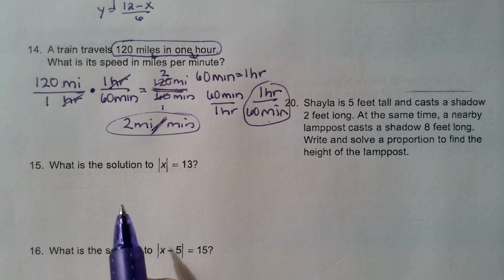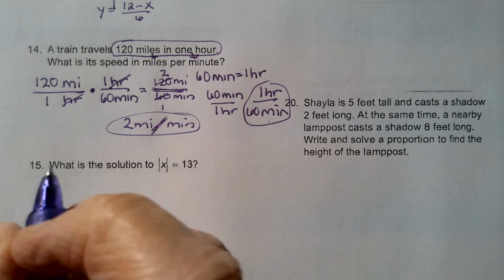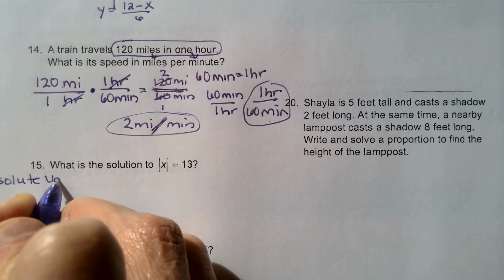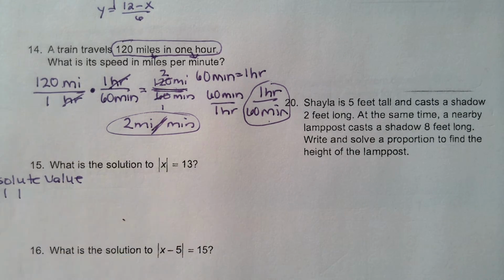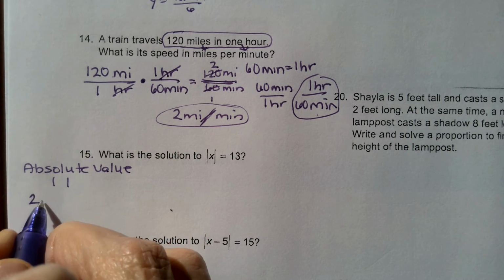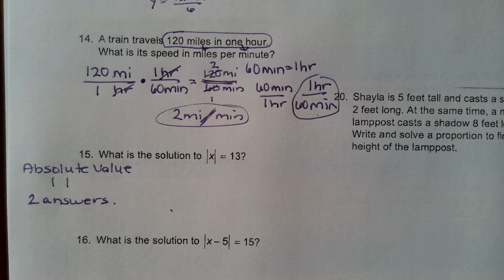All right. Absolute values. When you see absolute values, which are the goalposts, you know there are 2 answers the majority of the time, unless there's a 0, unless it's equal to 0.